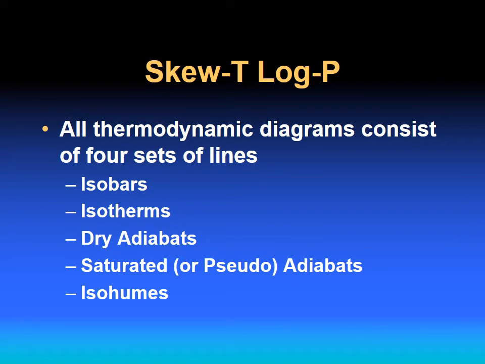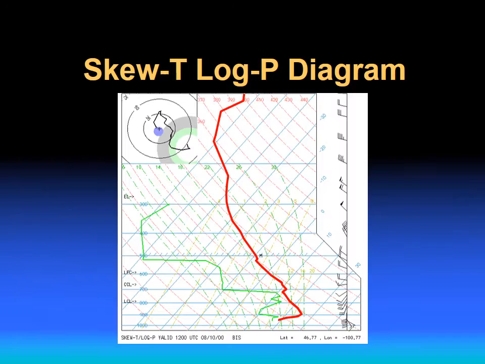Of course, the Skew-T and all thermodynamic diagrams use 5 sets of lines. It says 4 there, that's a mistake, it's 5. And those lines that are plotted are isobars, isotherms, dry adiabats, or we also call those isentropes, also pseudo-adiabats, and then finally isohumes. And we're going to go through what these look like on the Skew-T.